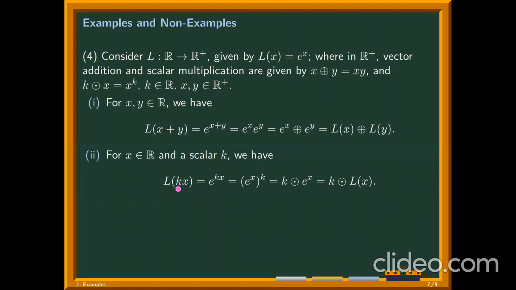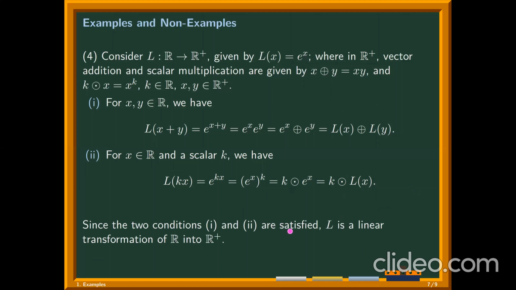So the image of a scalar multiple of a vector in R by k is equal to the scalar multiple in R plus by k of the image of x under L, showing that the second condition is also satisfied by the exponential function. So we conclude that L is a linear transformation of R into R plus.